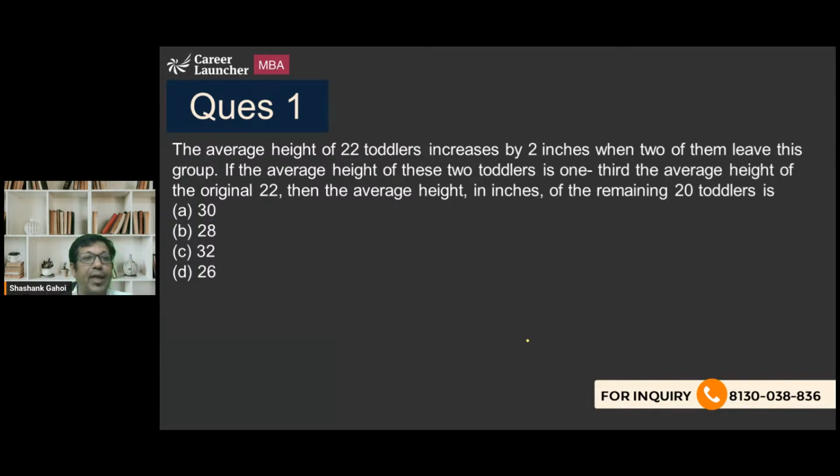It says that the average height of 22 toddlers increases by 2 inches. So there are 22 toddlers, and let's say their average height is A. When two of them leave the group, the remaining people are 20, and their average increases by 2, so the average of these 20 toddlers is A plus 2.